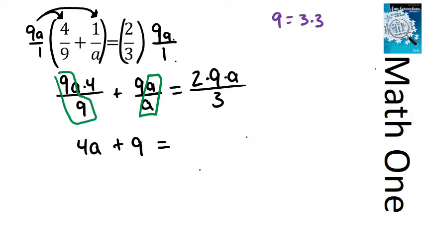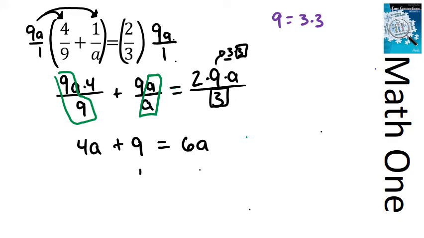And then over on the other side, this 9 is actually 3 times 3. So you can see if I take one of these 3's and the 3 on the denominator, I get a giant 1 there as well. So I'm left with 2 times a 3 times an A, or 6A. The way you can do that is go ahead and multiply 2 times 9, which is 18, and 18 divided by 3 is 6 also.